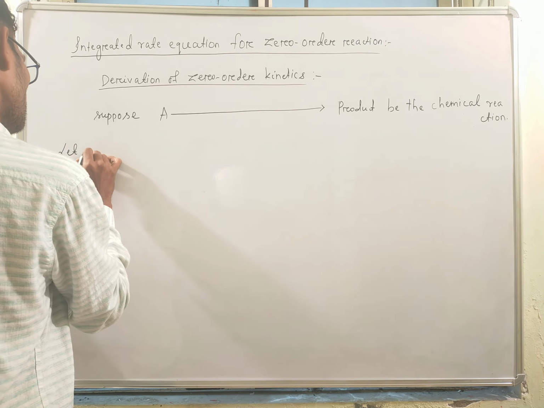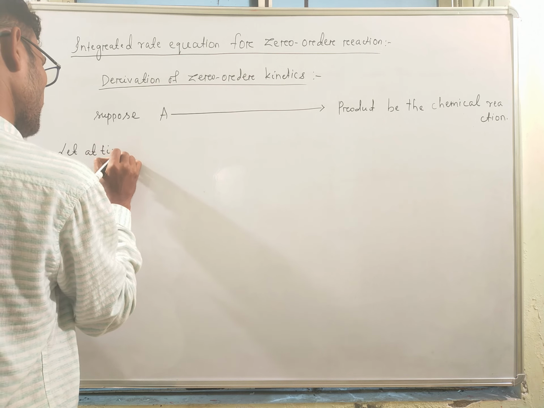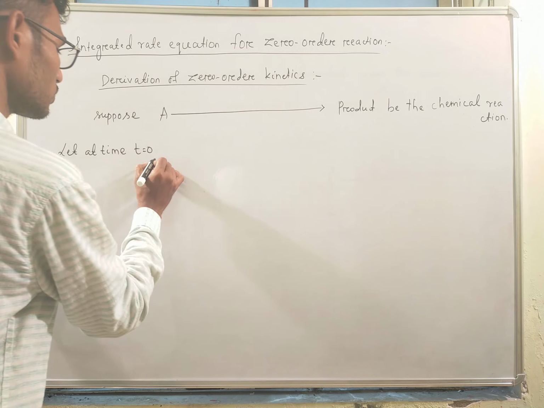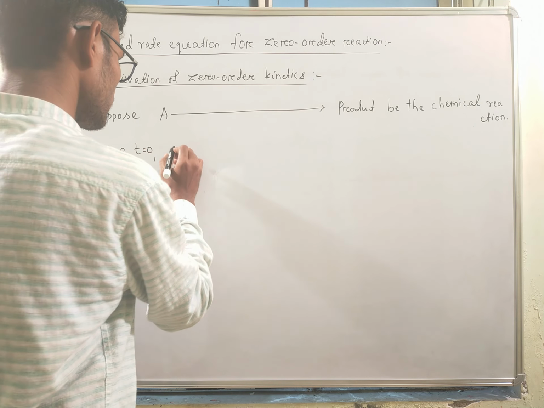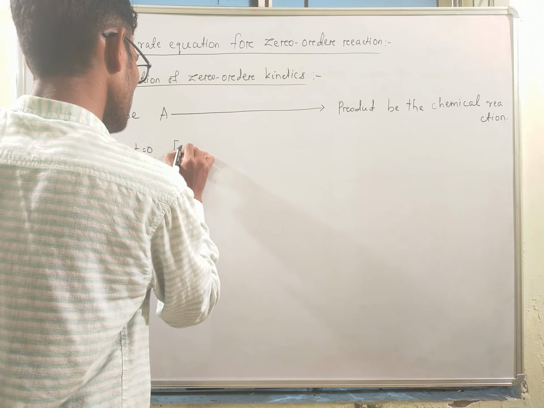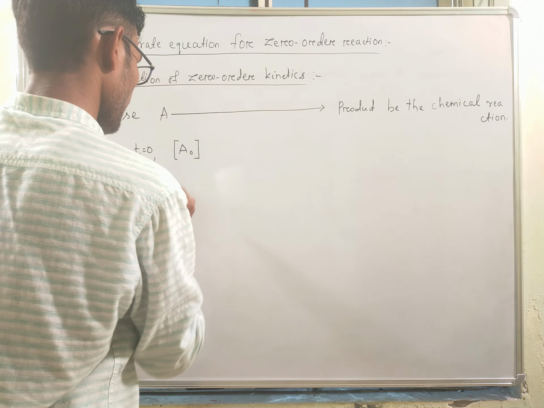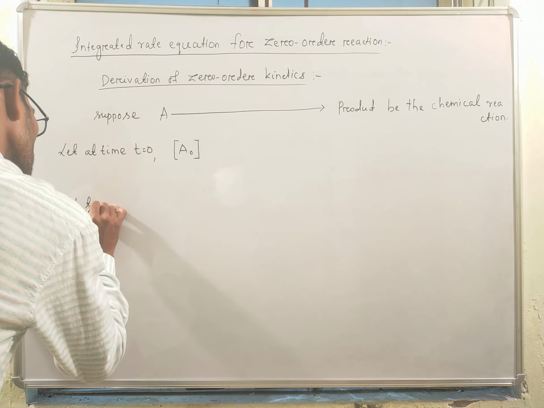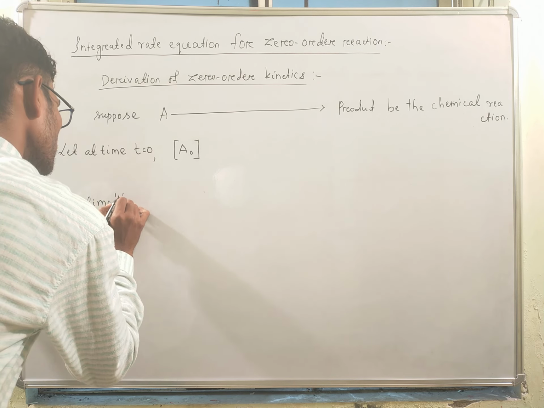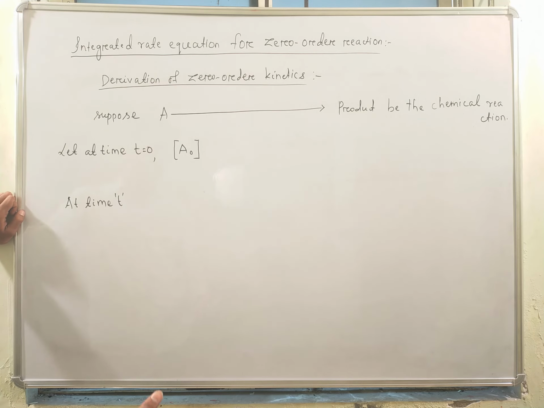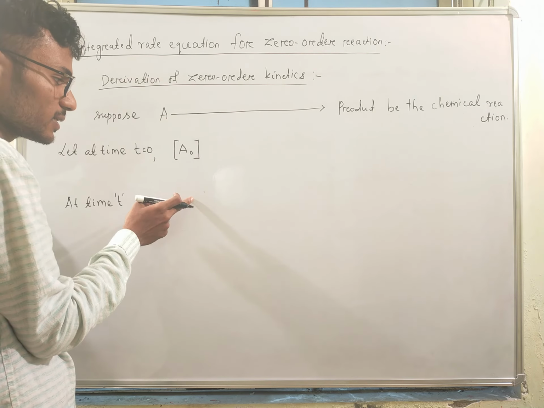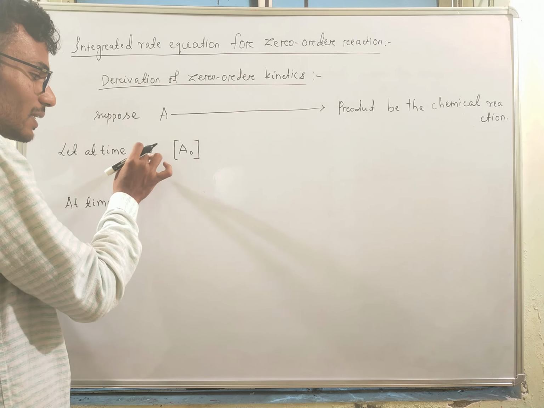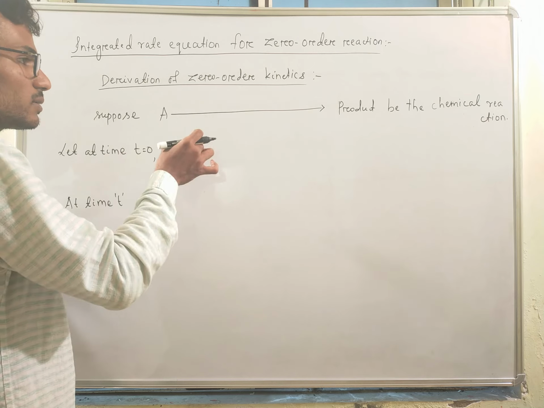At time t equals 0, the concentration of A is A naught. At time t, we know the concentration of reactant gradually decreases. The initial concentration is A naught, because at time 0 the reaction has not started.